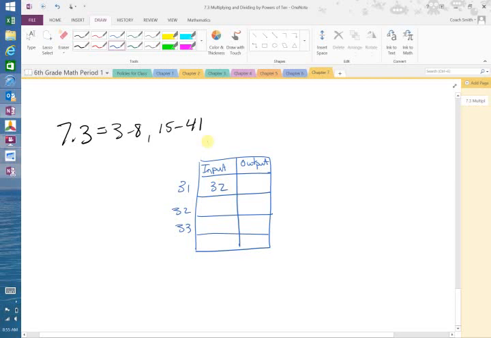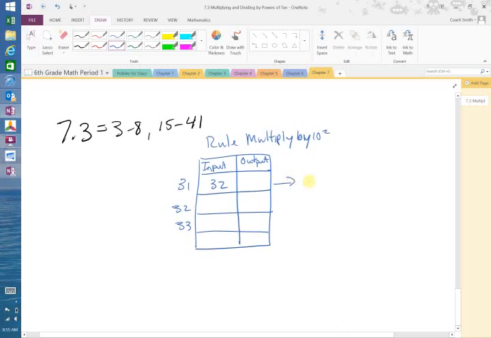And they say the rule is multiply by 10 to the second. So they want me, in other words, right here, to take 32 times 10 to the second. What's 32 times 10 to the second? Yeah, 3,200.